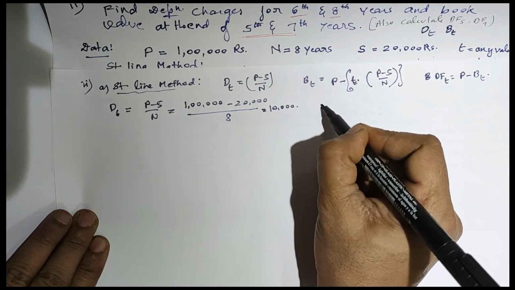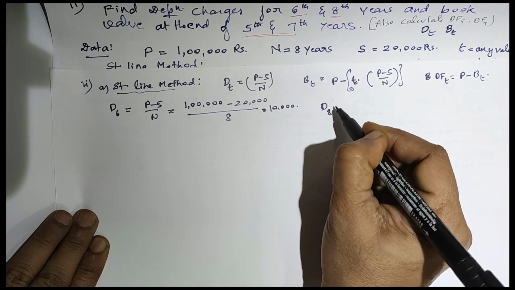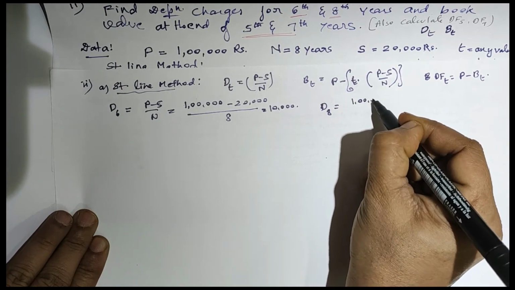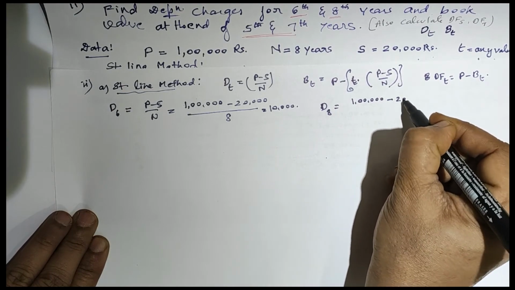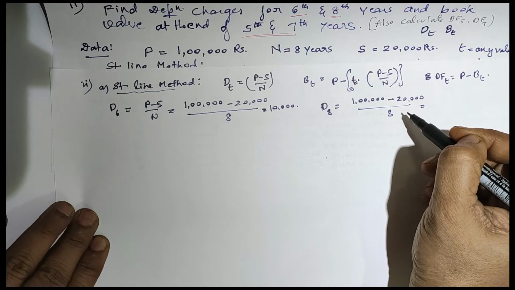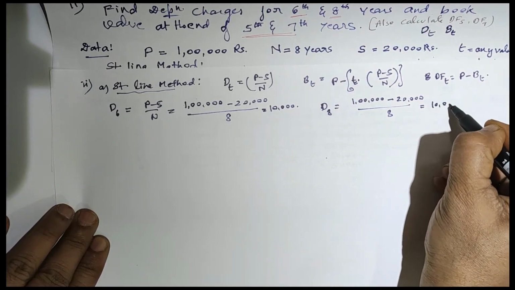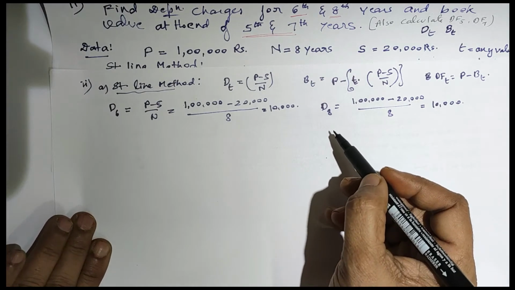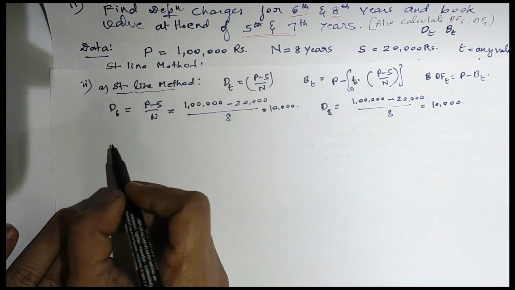And D8 is equal to, once again, 1 lakh P minus S 20,000 divided by N 8. It doesn't depend on anything, it remains fixed. We already seen, we can simply write 10,000. Since it is straight line method, depreciation charges for every year remain same.